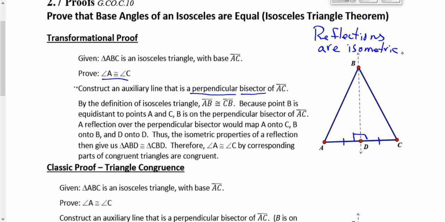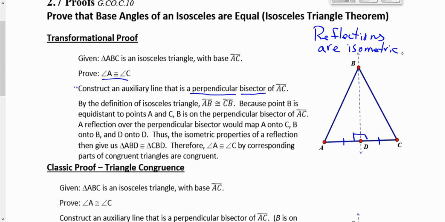Okay? Which means that when we reflect that triangle over the line, it's congruent to itself, right? And what do you know about all its corresponding parts? They're congruent to one another, right? So what's happening here?